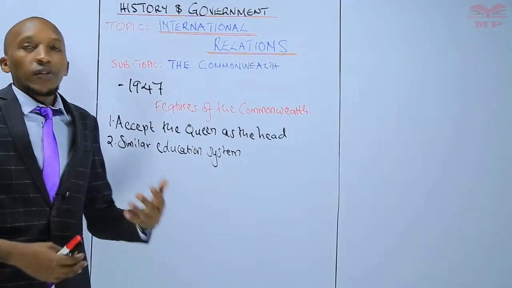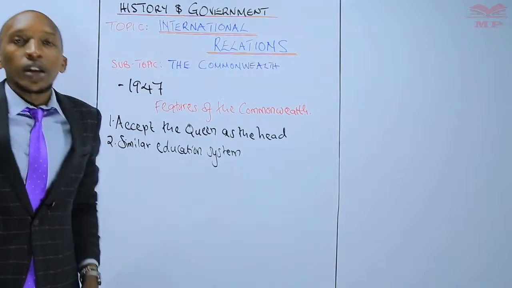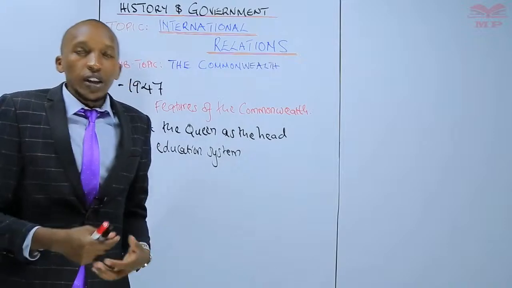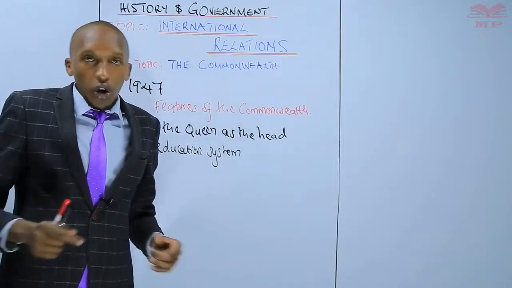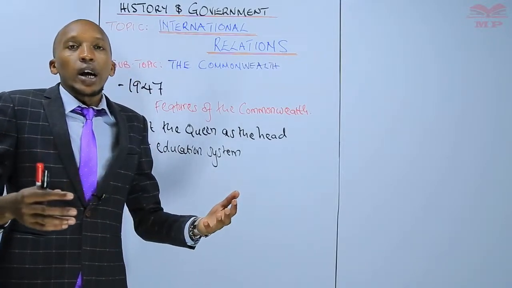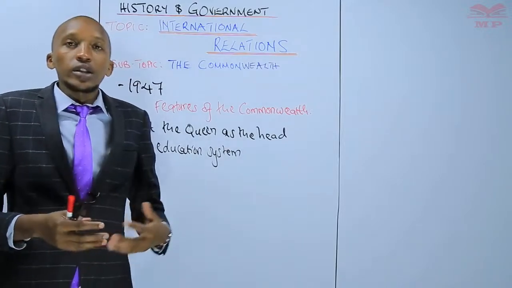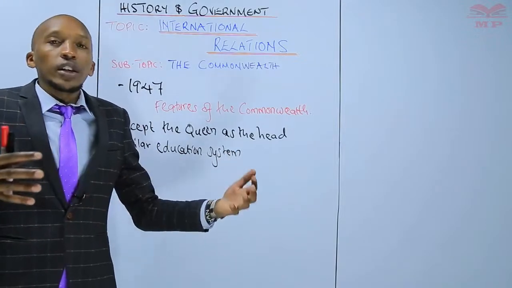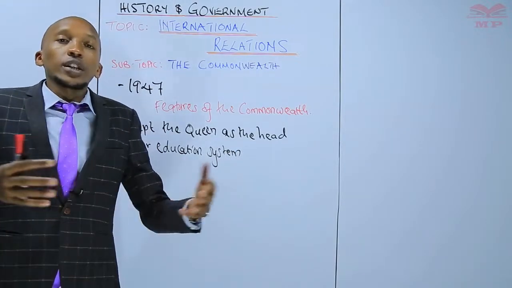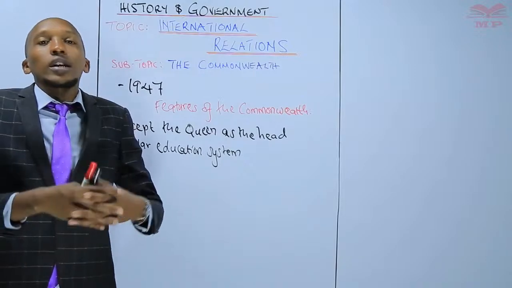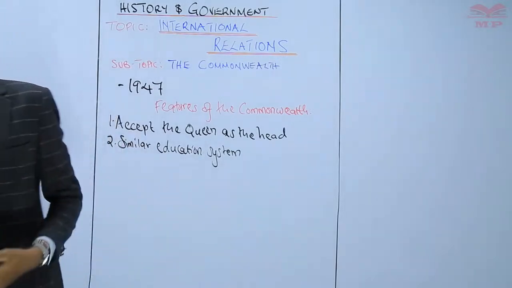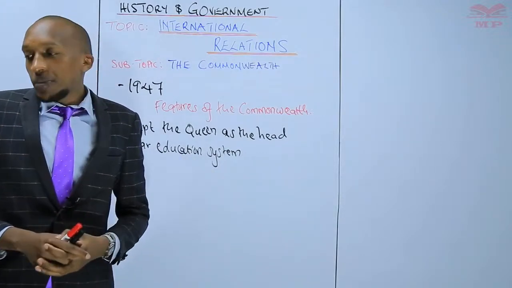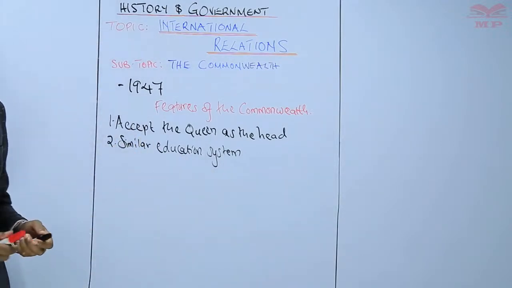But now, with time, with development, and with changes in the world, countries have adapted the education system according to the local needs. What is the situation in the country? So countries have been allowed to adapt the education system according to their necessities. What is it that they need to learn? What does the nation require? So with time, this has changed, but they have a similar education system, not identical.